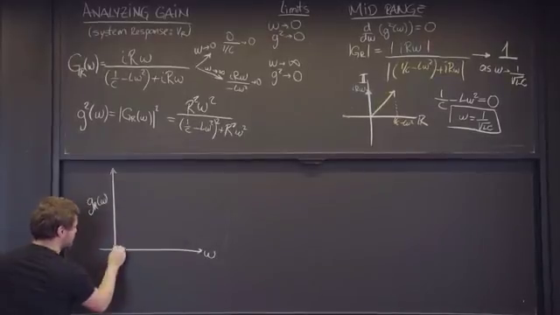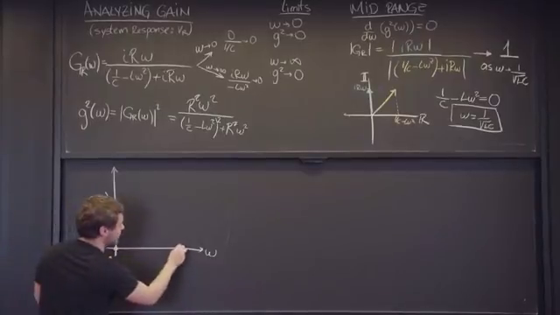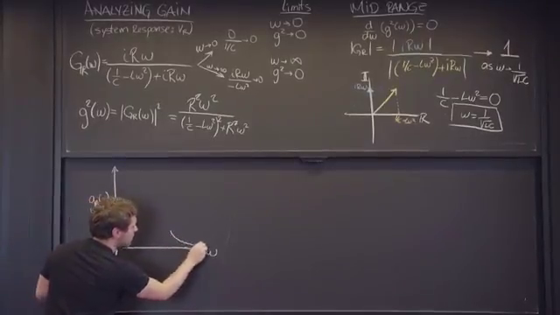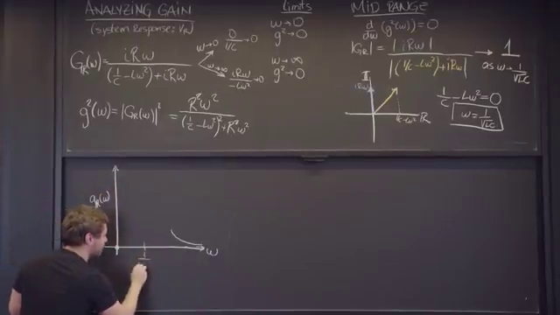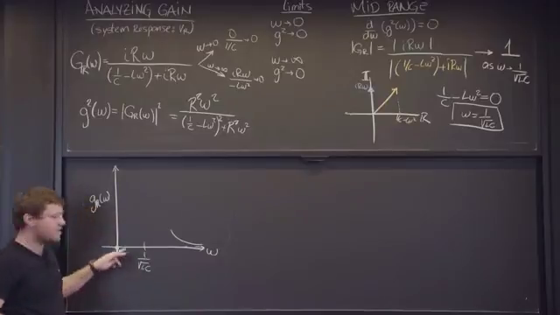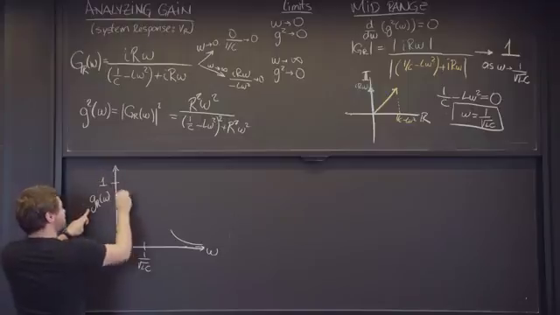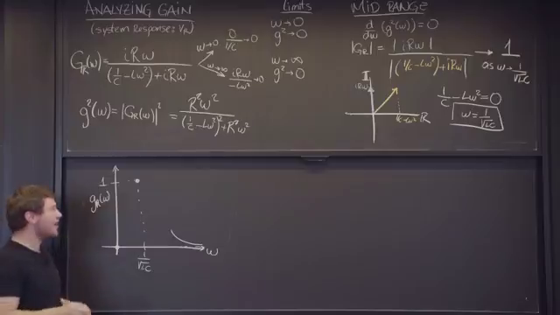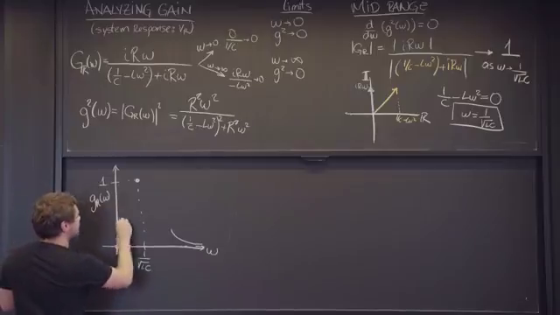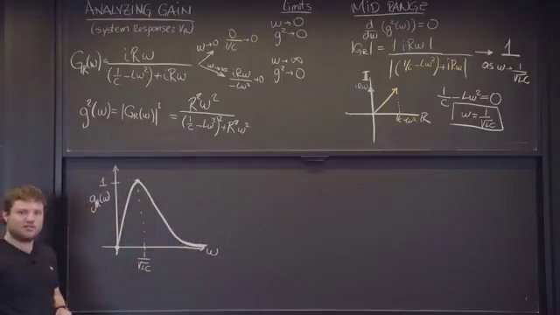Again, as omega goes to 0, the gain goes to 0. As omega goes to infinity, the gain also tends to 0. And then we found that for omega equals 1 over the square root of LC, g obtains a maximum, and that maximum is equal to 1. So we know that this point is on the graph. And therefore, the graph of little g looks something like this. All right, now let's do some exercises in practice.